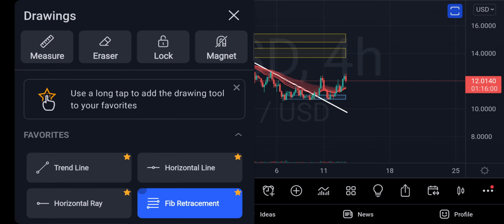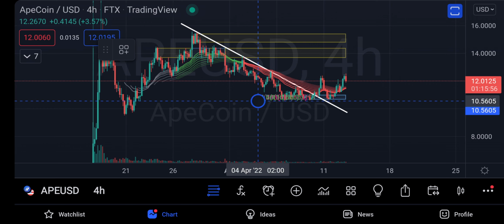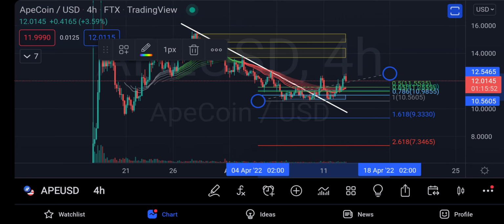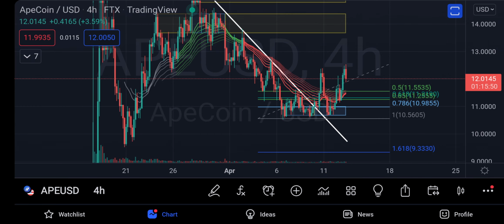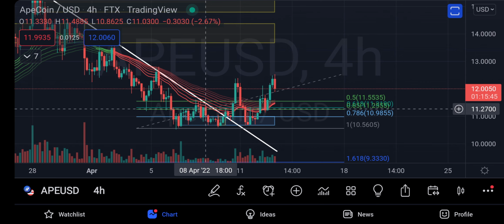But let's do another one from this swing low to this swing high. So what should we expect here? The 0.5 level, maybe also the golden pocket, would be in perfect confluence with the EMA ribbons.